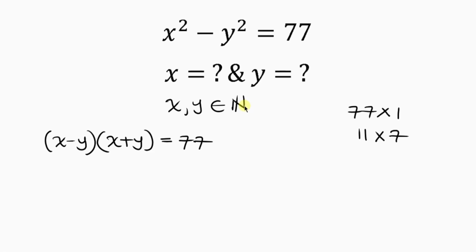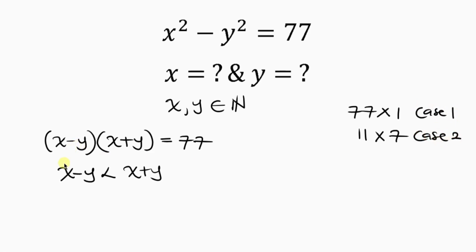Now notice that x minus y is always smaller than x plus y. That means this is the smaller factor, while this is the bigger factor. So let's call this the first case and call this the second case.